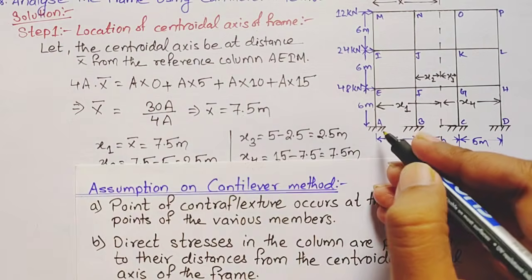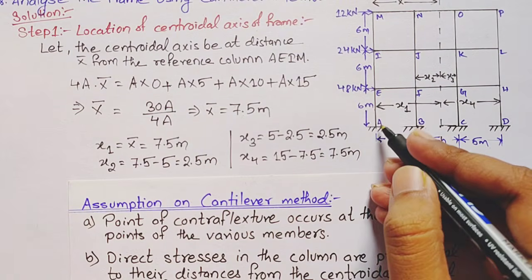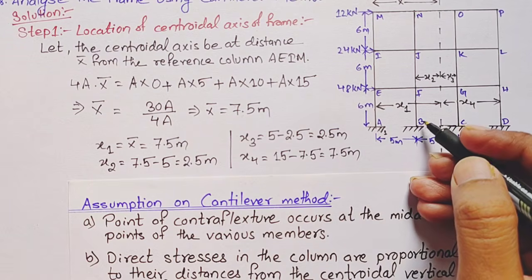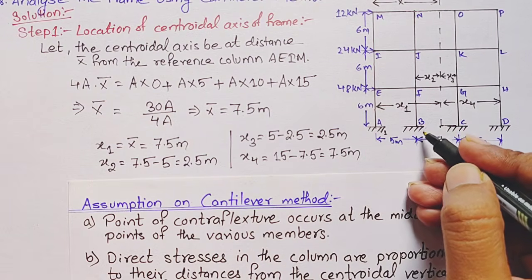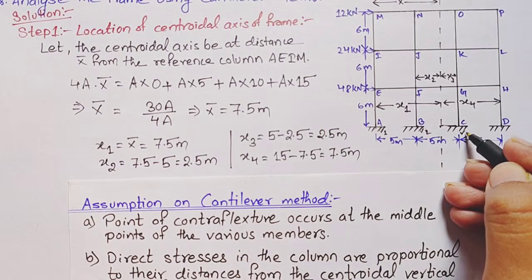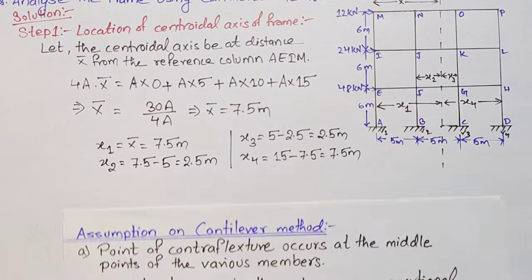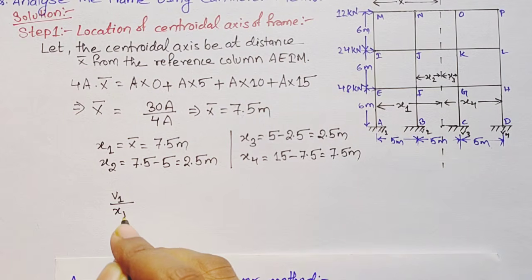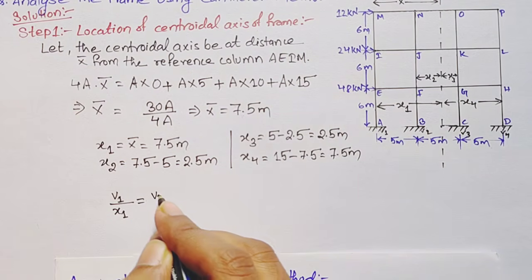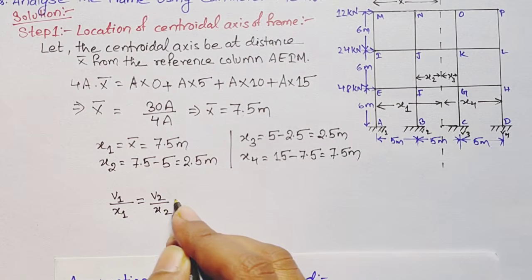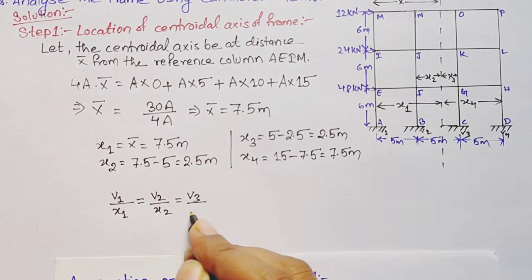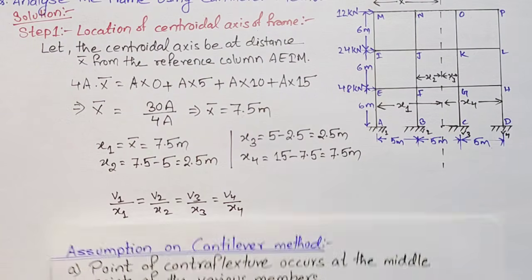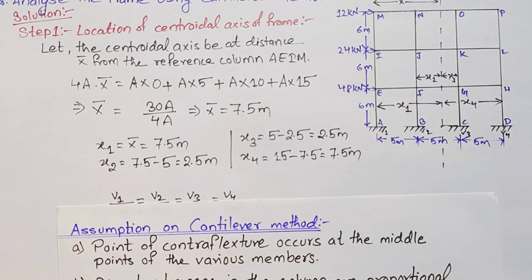Means if we assume that the direct stress in column AE is V1, similarly the direct stress in column BF is V2, and then V3 and V4, then it says that V1 upon x1 will be equal to V2 upon x2, equal to V3 upon x3, equal to V4 upon x4. That is, the direct stresses are proportional to their distances.